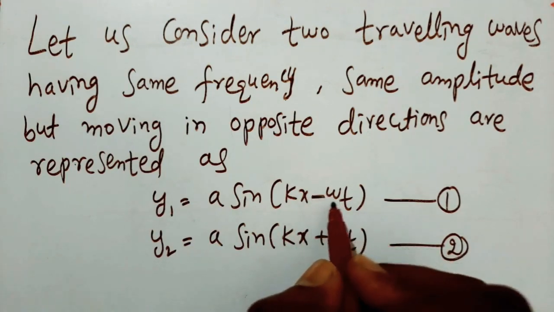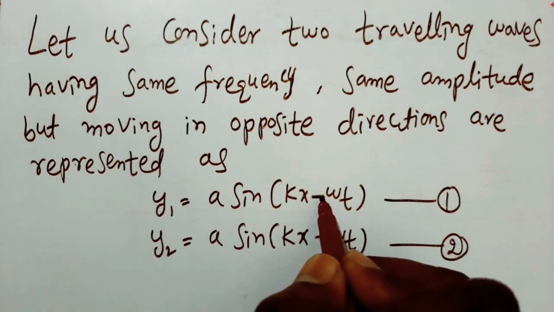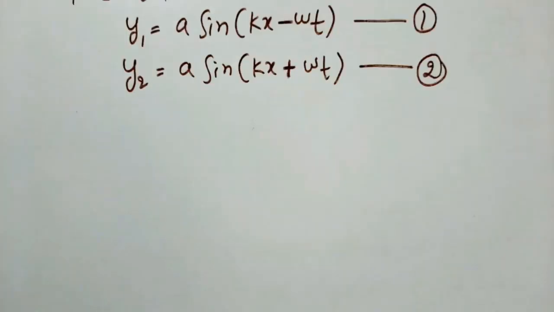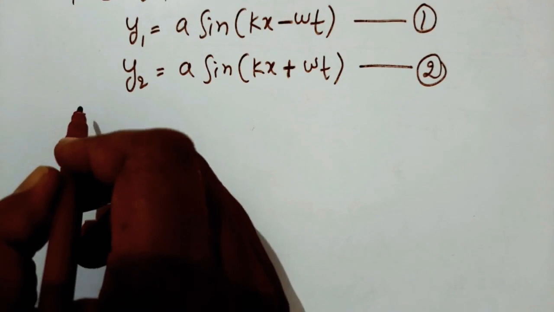Minus means this wave moves along the positive x-axis, but here it is a plus. So this wave moves along the negative x-axis. Here I am taking the initial phase as 0 for both waves.